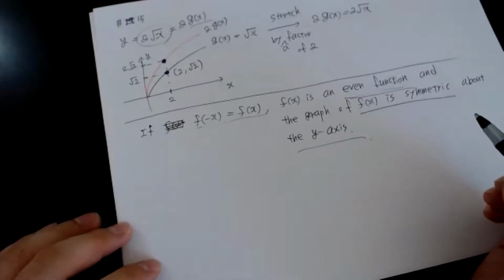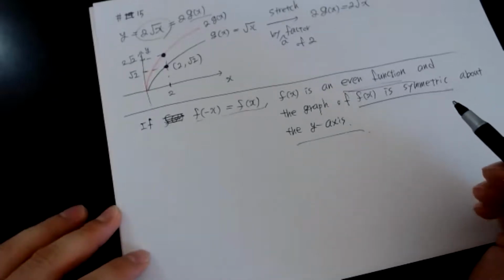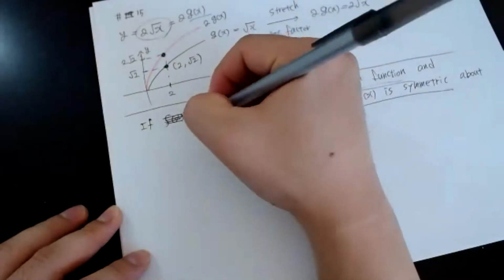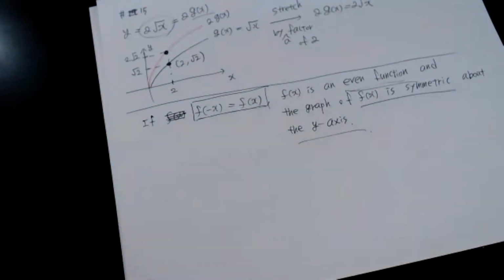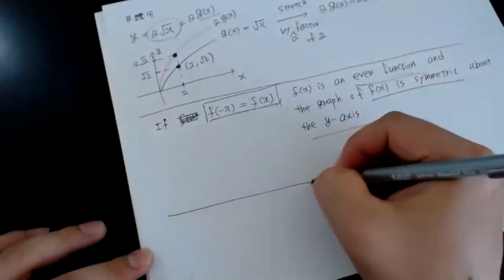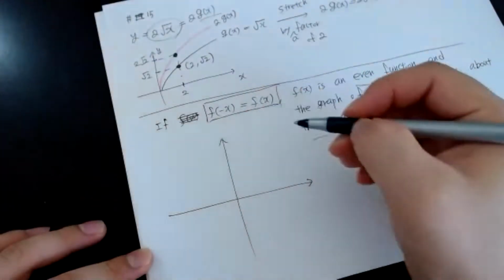So let me figure out why. What does f of negative x equals f of x mean? Remember that when I covered reflection, one of the transformations, I gave three types of reflection, right? One of them was symmetric about the y-axis.